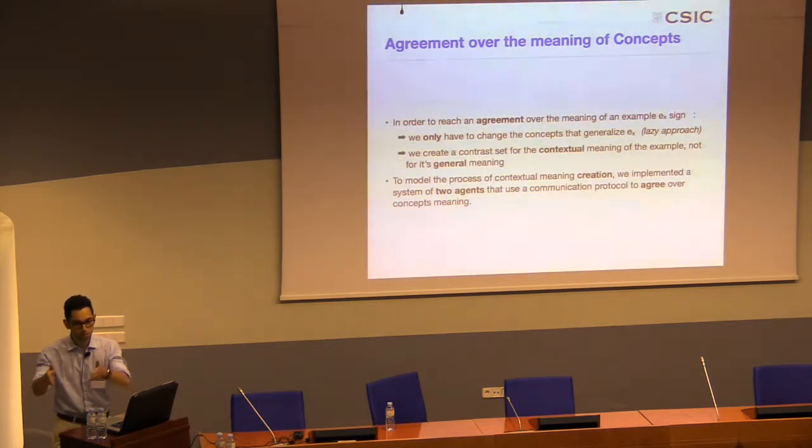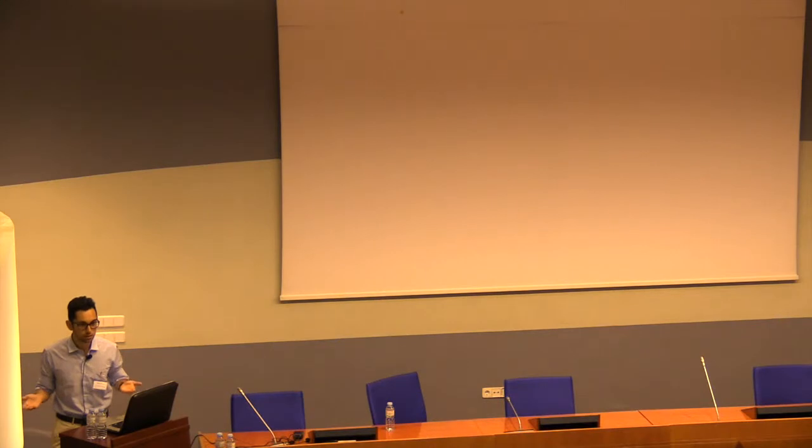If they see a chair that is not an armchair or a stool, they will agree, but they don't have the same definition of what a chair is. There is no problem, because they both agree on the sign to use, so there is no contextual problem.